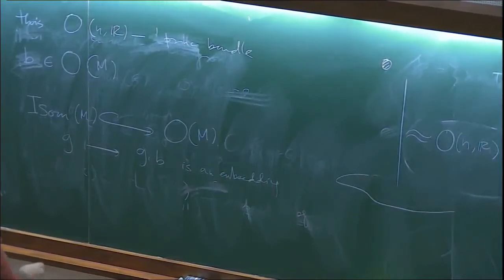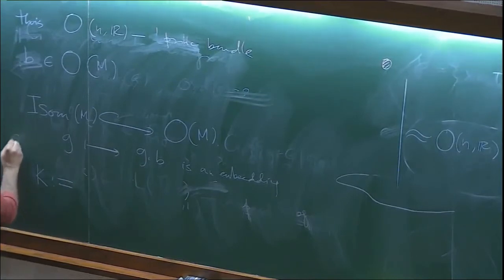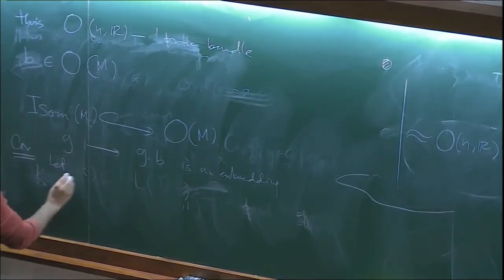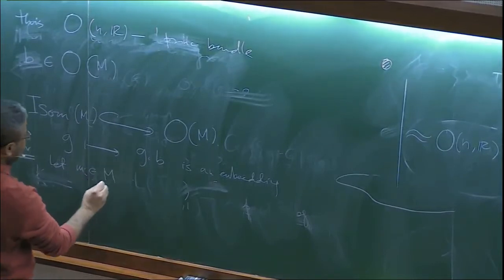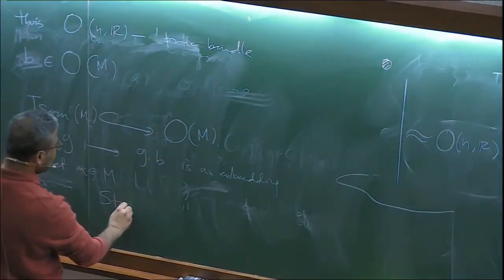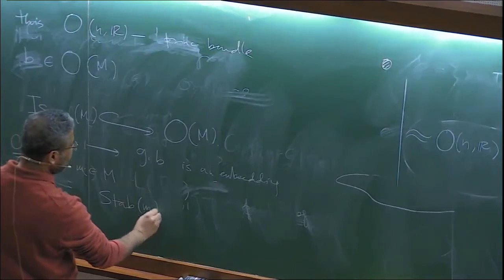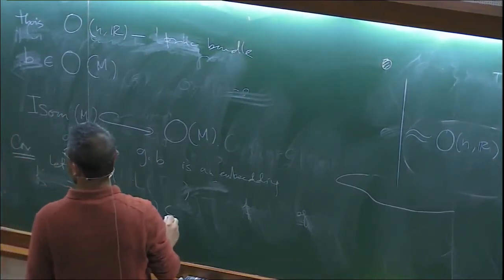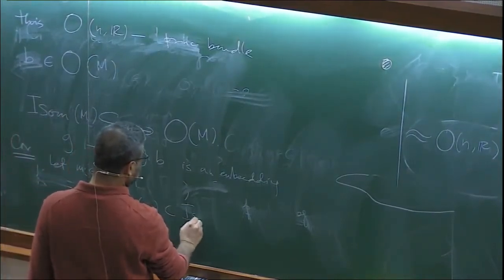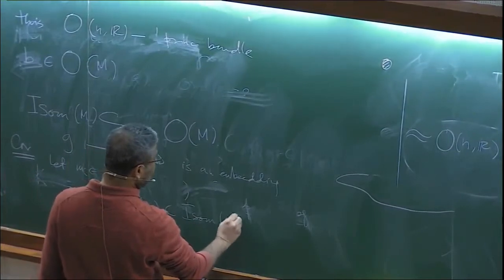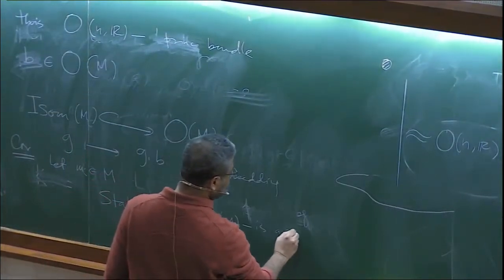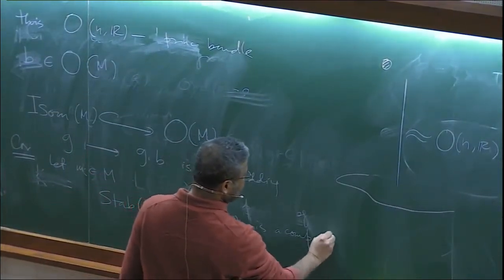So the corollary is: let m be a point in M, then the stabilizer of m inside isometry M is a compact subgroup. Okay.